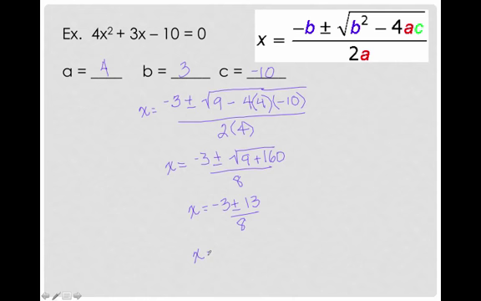I've got x equals negative 3 plus 13, or positive 10 over 8. 10 over 8 will simplify to 5/4. Or I've got negative 3 minus 13, which is negative 16 over 8, which will simplify to negative 2. So my values for x are 5/4 or negative 2. Those are my zeros, or solutions to my quadratic equation that I have right up there.